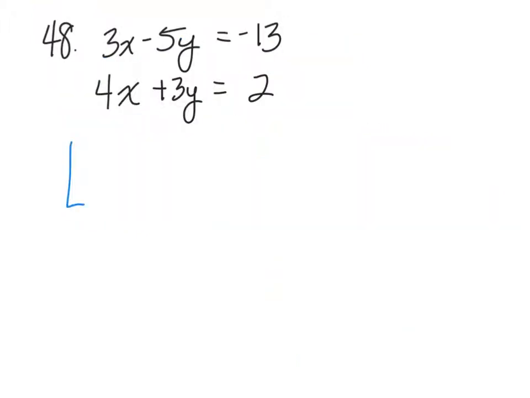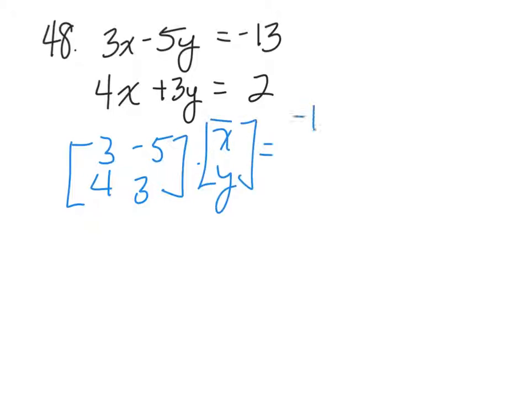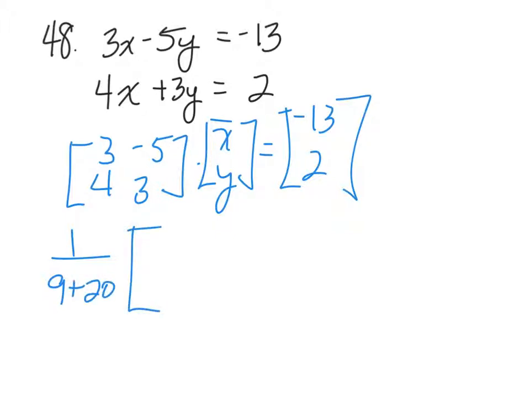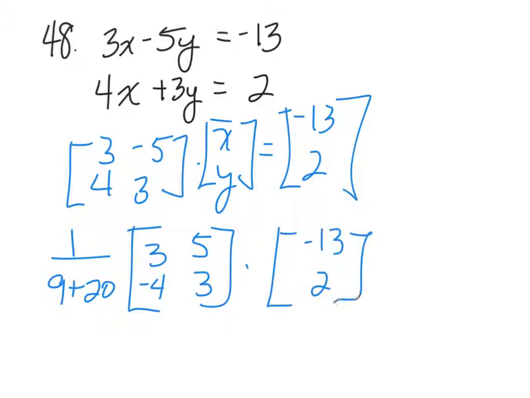Our coefficient matrix, 3, -5, 4, 3, x, y, and -13, 2. So we need to do 1 over the determinant. 3 times 3 is 9, minus -20. Ooh, 29. Okay, our do-si-do doesn't look much different, but we can change signs, and times the constant matrix.